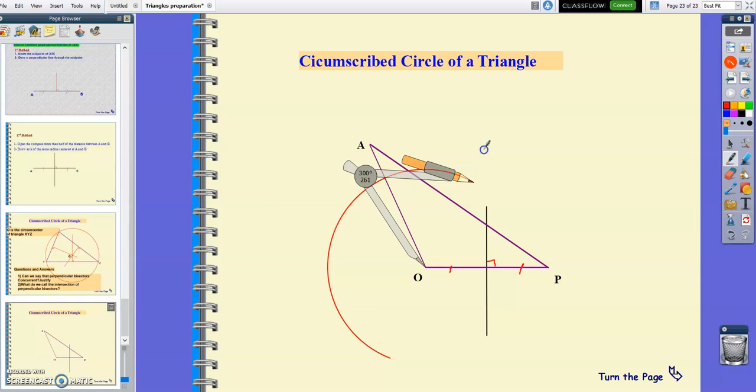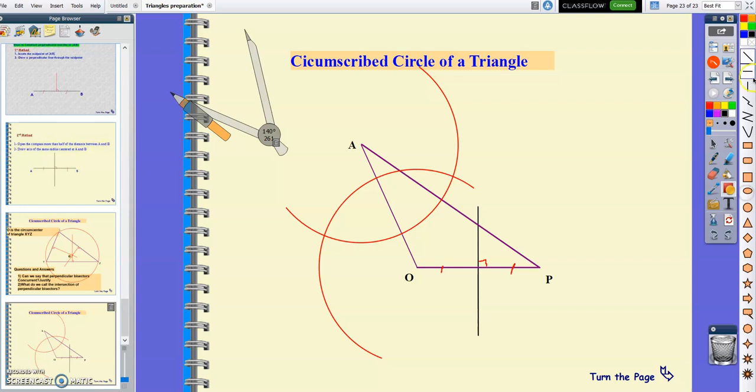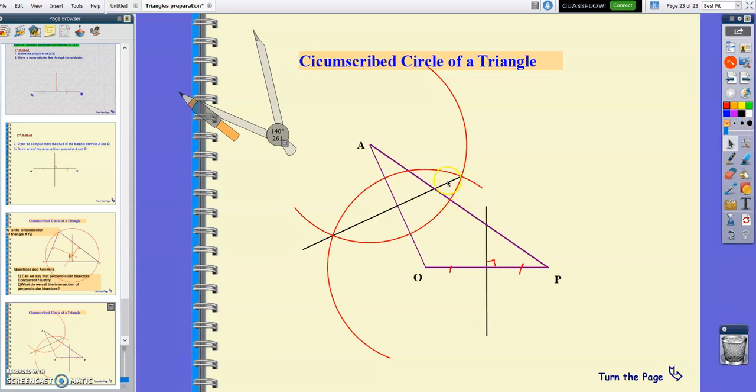Now this is the first arc, then the second arc, here it is. Join these two points, this one and this one. I will extend these two intersection lines so that they meet, and I can find the circumcenter.